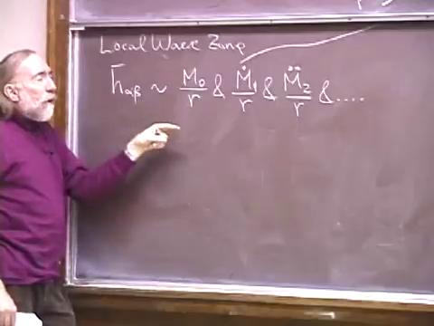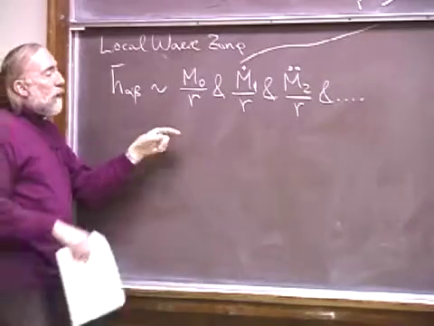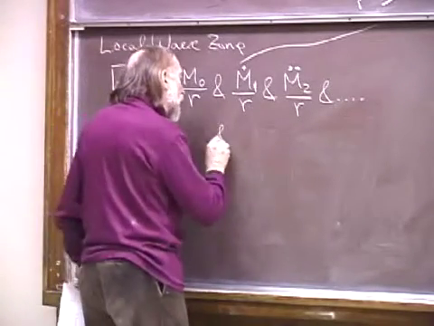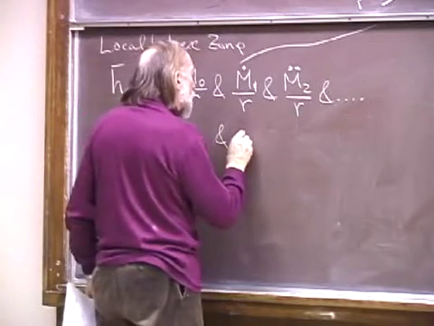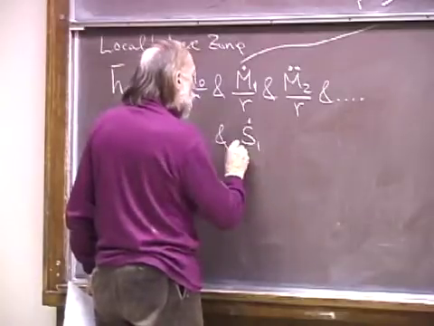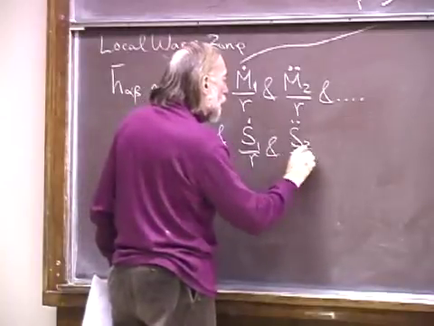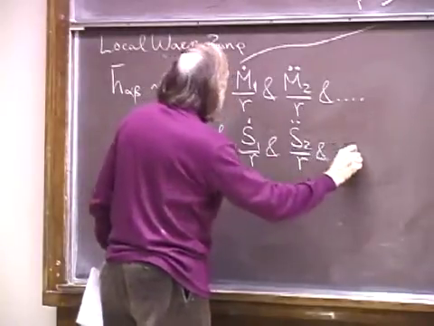There will also be current moments, which are the analogs of magnetic moments of the source. And so there would be a current dipole moment, S1 dot over r, the current quadrupole moment, S2 dot over r, and so forth.